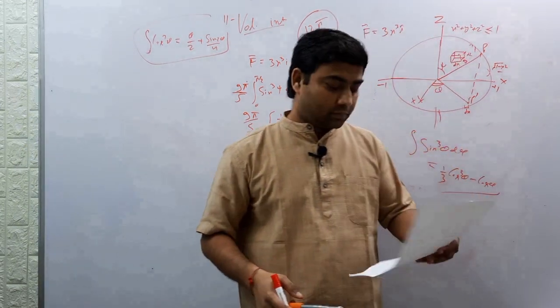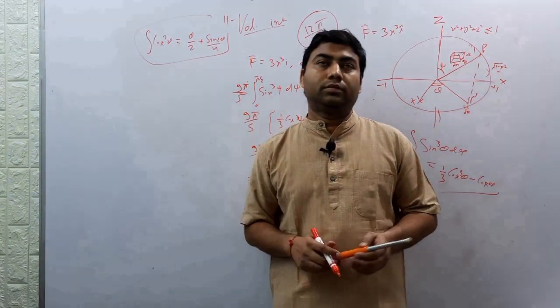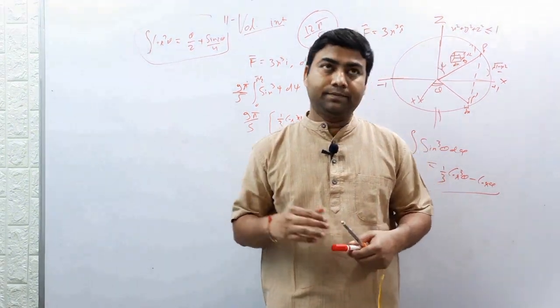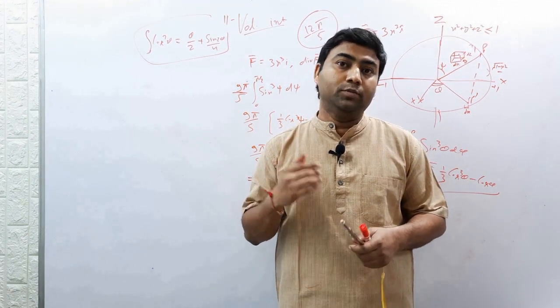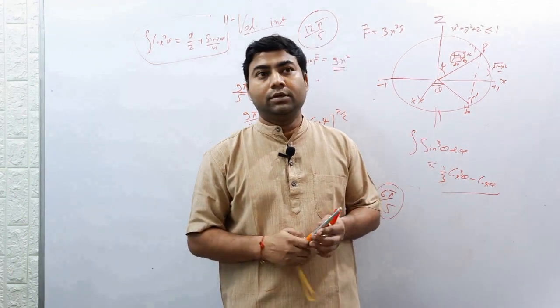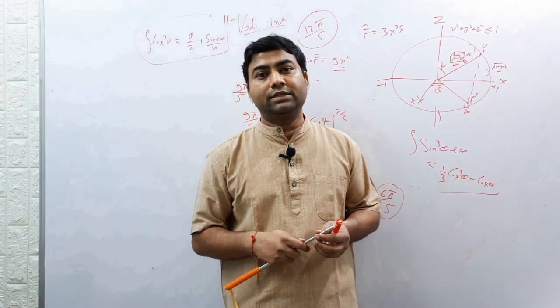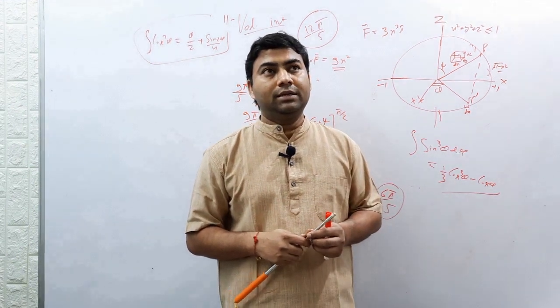I have tried to explain that divergence is not a property of volume integration, triple integration. That's why I have calculated the divergence in this volume for a field from single integration also.